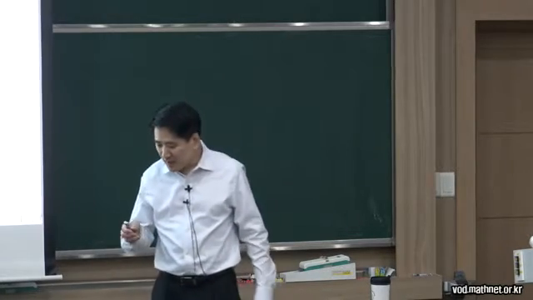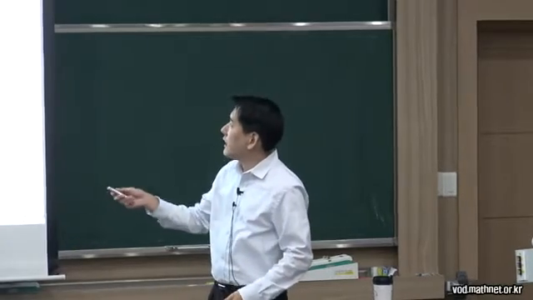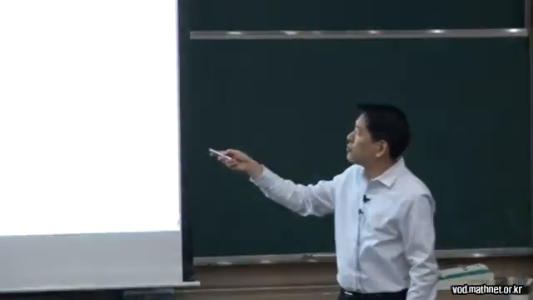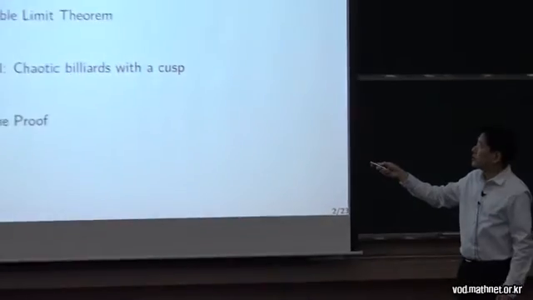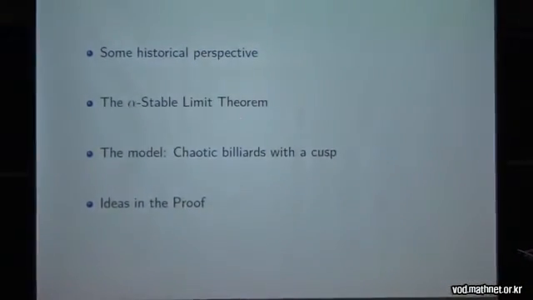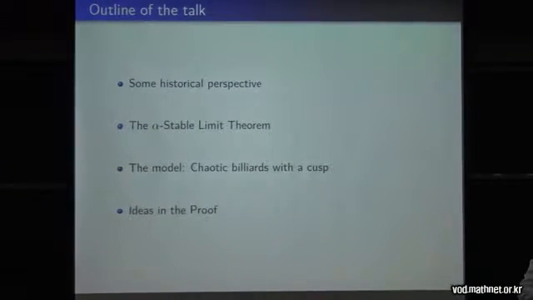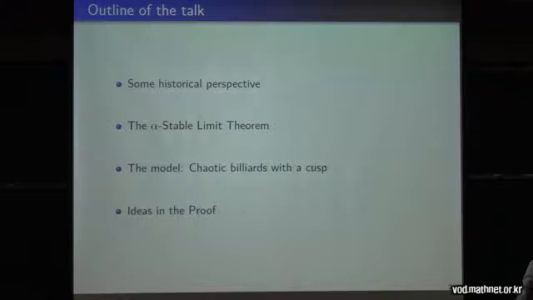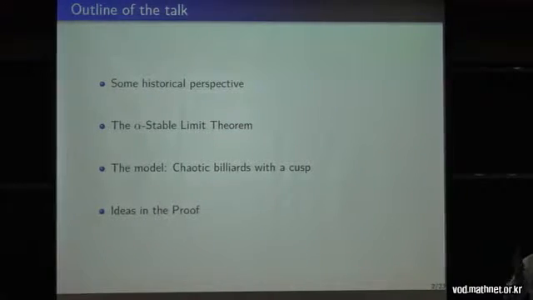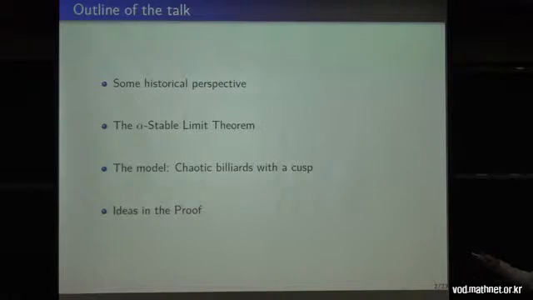So without further ado, let me just briefly outline today's talk. I'm just going to give you a brief historical perspective on my topic. Then this is the mathematically heavy part of my talk. Most talks, the math gets harder as it goes along. I'm going to give you the math while I still have your attention, and then do the easy part later. This is just an explanation of what a stable limit theorem is.